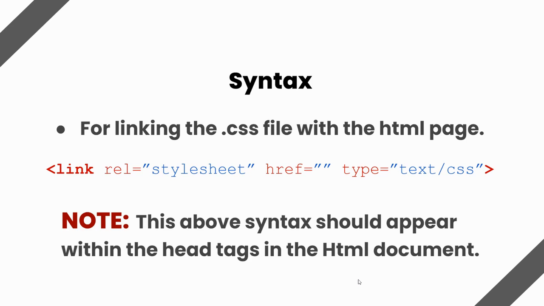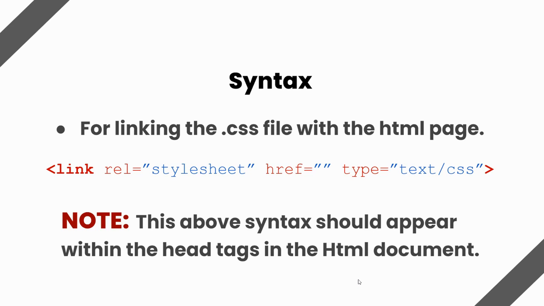Yeah, so as you can see on the screen, this is how the syntax would look. This particular link tag also appears in the head section of the HTML document. By that, I mean it appears in the head tags, that's within the opening and the closing tag of the head section. So you can see the syntax is used for linking the .css file with the HTML page.